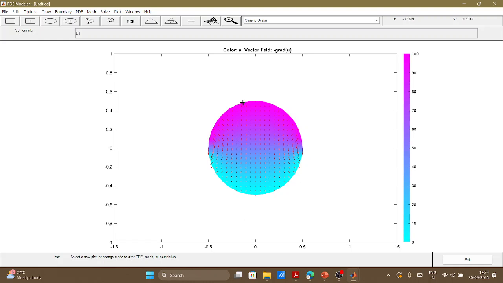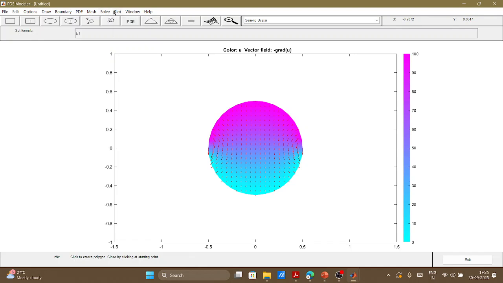So your temperature is high at this point, low at this point. So it's going from up to down. So the gradient is in this direction, from top to bottom, in a circular motion at the edges. Okay, so this is how your gradients look.